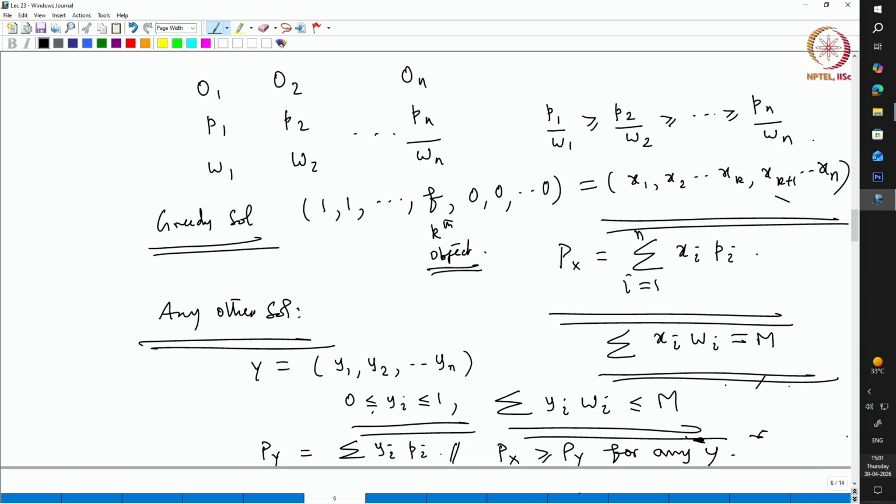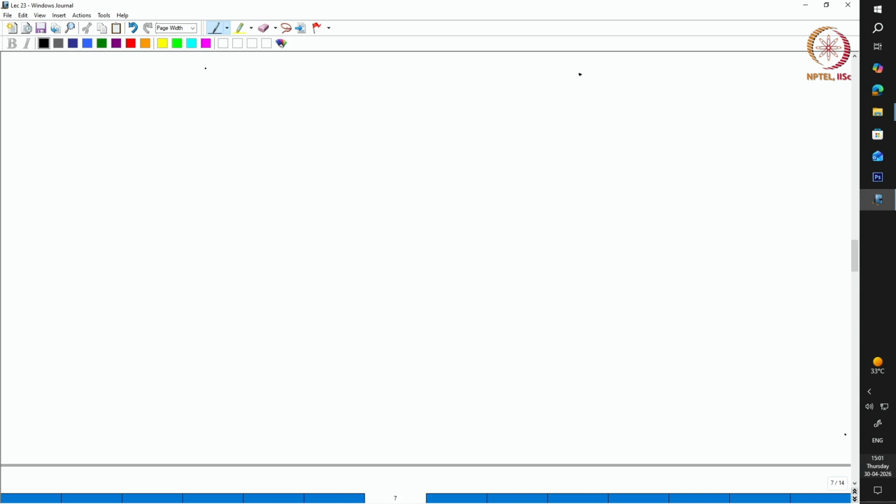It is going to be larger than any profit that you would obtain through any other solution. This is what we have to prove. Therefore, we must prove Px is greater than or equal to Py.